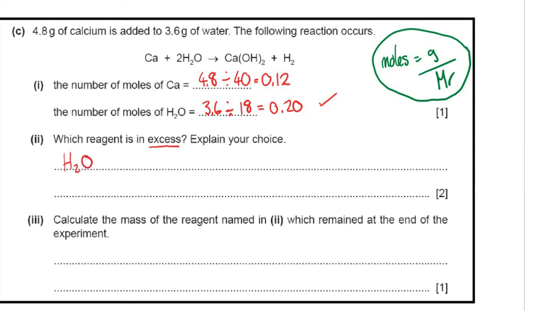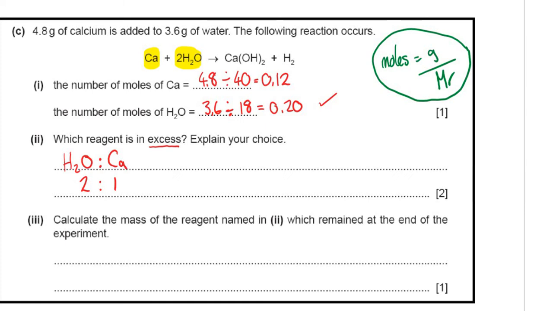But we've got to look at the stoichiometry. 1 mole of calcium reacts with 2 moles of water. So is water in excess here? It looks like we've got more moles of water, but if we look at the stoichiometry, 2 moles of water react with 1 mole of calcium.